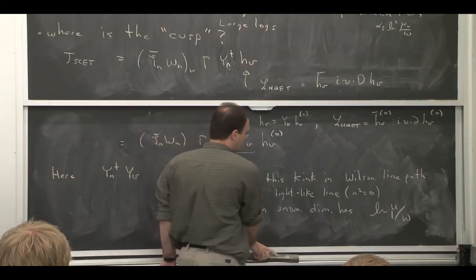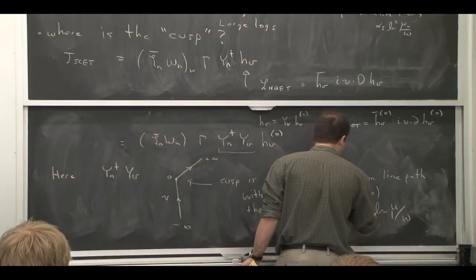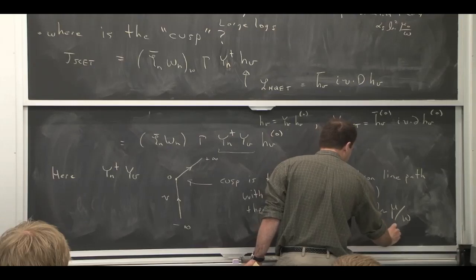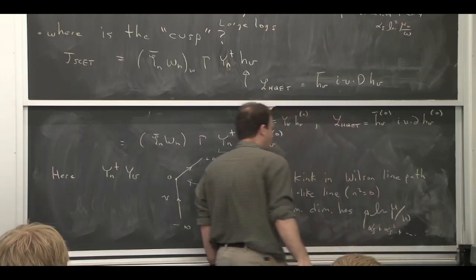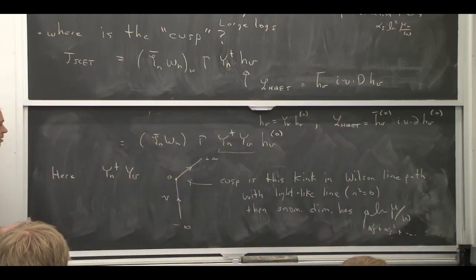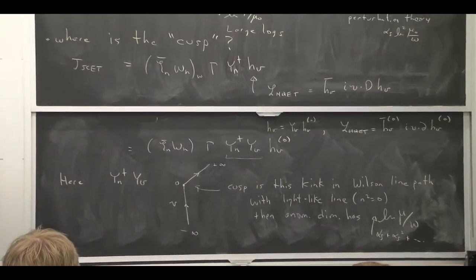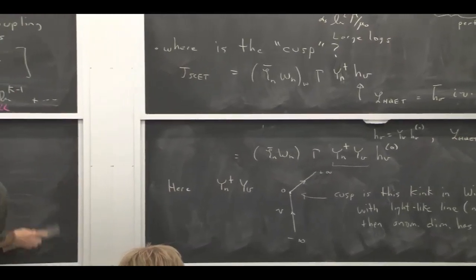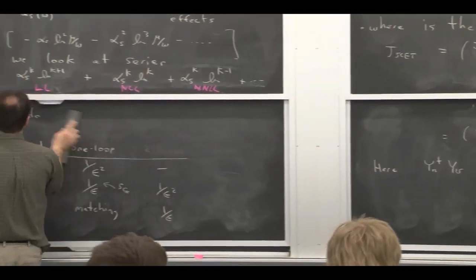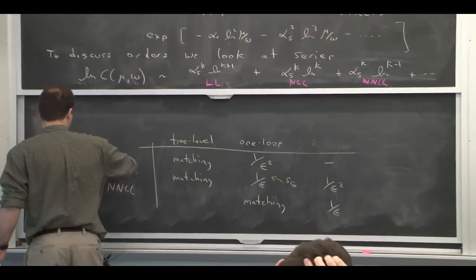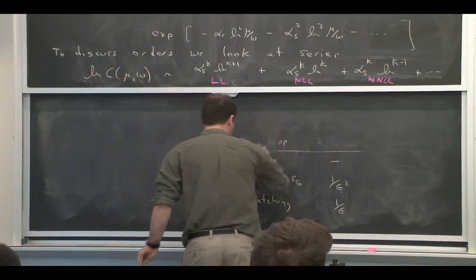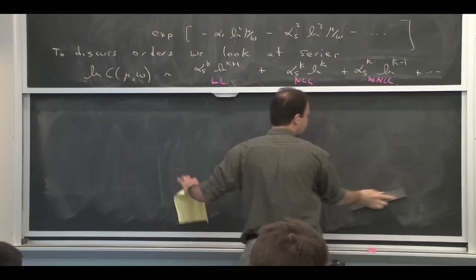If we'd gone to higher orders, the coefficient of that log would get corrected, but there'd still be only one log in our anomalous dimension. That's also something that you can argue from SCET directly, but originally it follows from this general theory of the renormalization of cusps of Wilson lines.